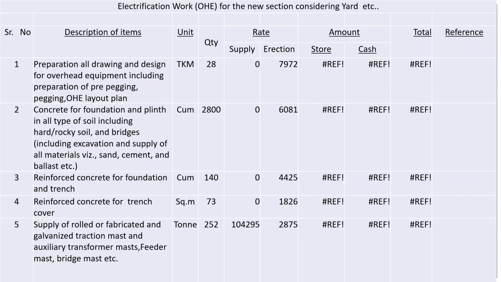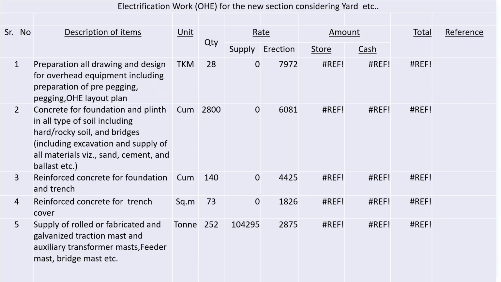In this system, some changes will be there in the design. Like from 2 into 25 kV to 25 kV, you have to provide an auto transformer, circuit breaker, and a PTFE neutral section from the main line to the siding line.